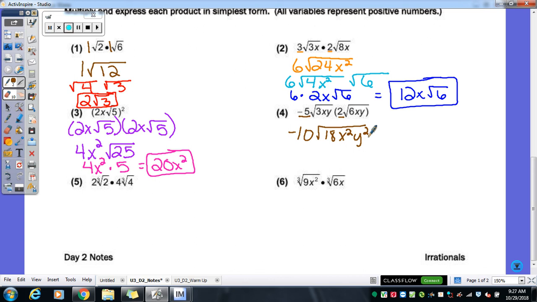Is 18 a perfect square? No. So we're going to have to separate the perfect squares and non-perfect squares. What is our perfect square that goes into 18? 9, and then my 2 goes there because 9 times 2 gives me the 18. Are x squared and y squared perfect squares? Yep. So x squared, y squared both go with the 9 because they are both perfect squares.